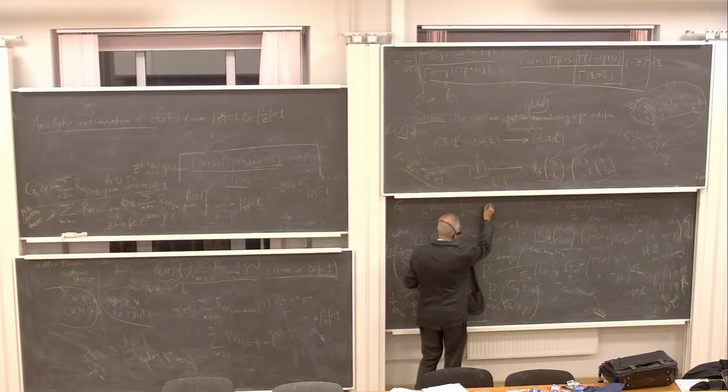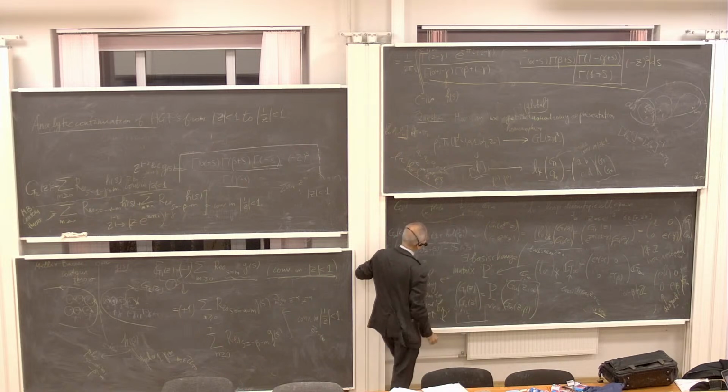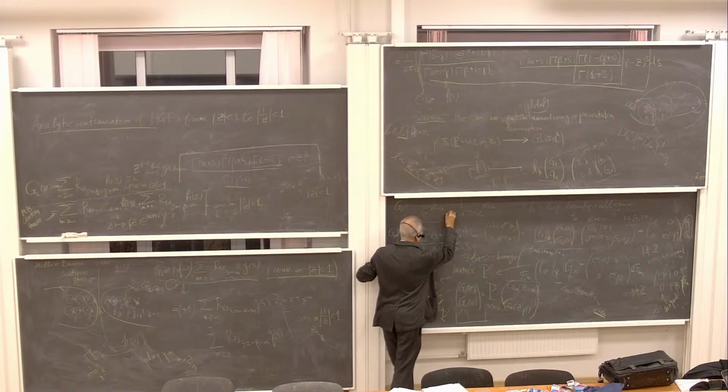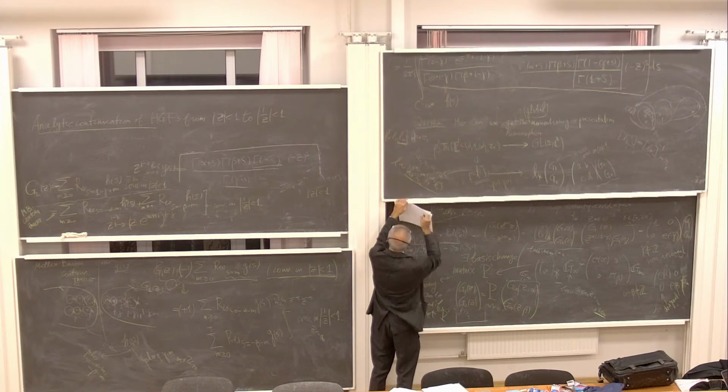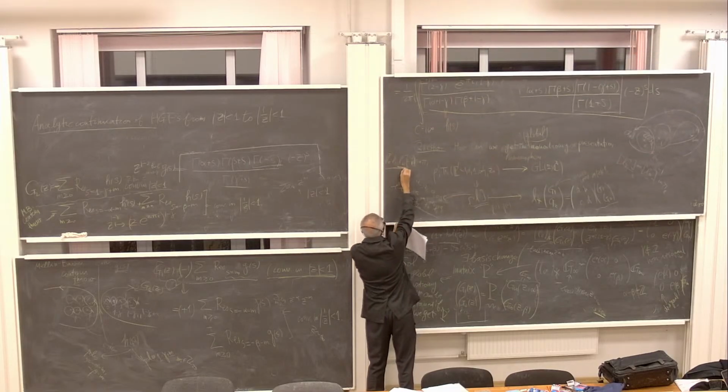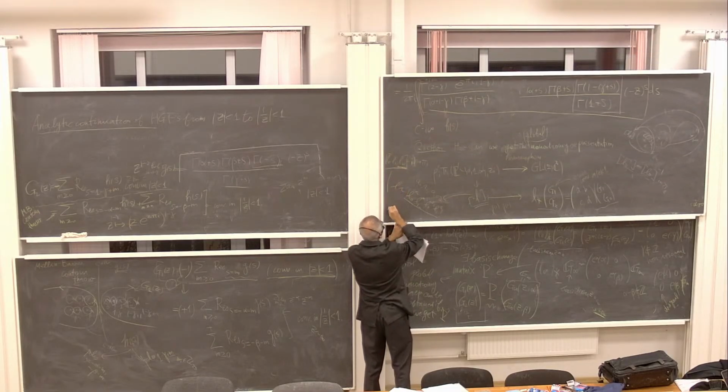So here I have L1, which will be obtained by means of this relation. L1 is simply L0.